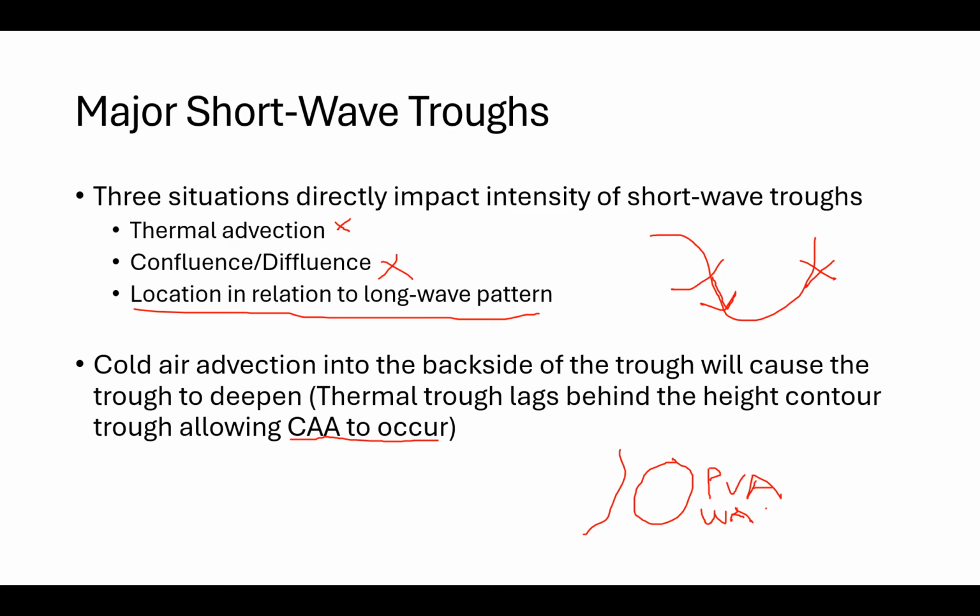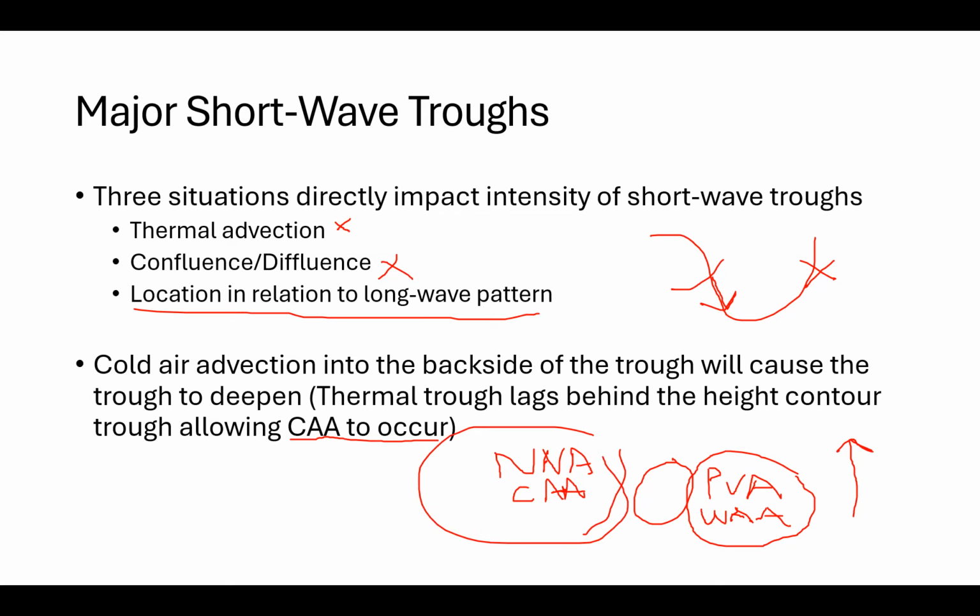Anyway, when you have both positive vorticity advection and warm air advection, you're going to get upward vertical air motion in the atmosphere. Behind the trough axis, you're going to have NVA, sinking air motion, but you're also going to get cold air advection back here behind the trough axis. All right, so there's a difference here between PVA, NVA, and cold air advection and warm air advection.